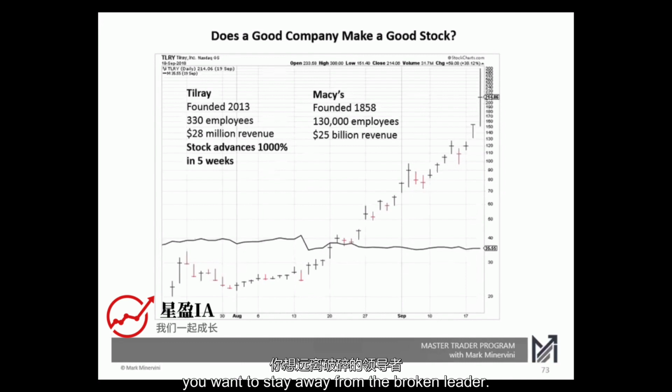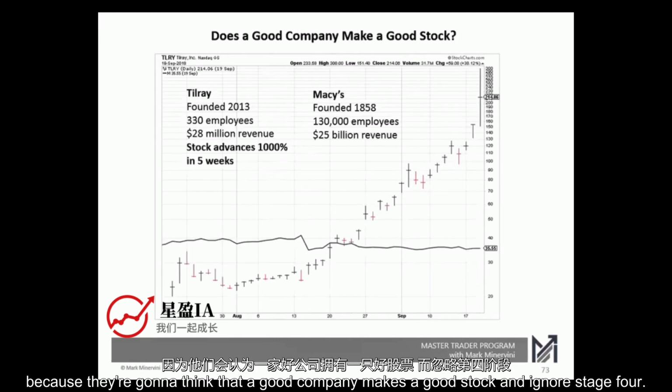You want to stay away from the broken leader. That's exactly what's going to happen. We're setting up a whole generation for huge losses because they're going to think that a good company makes a good stock and ignore stage 4.